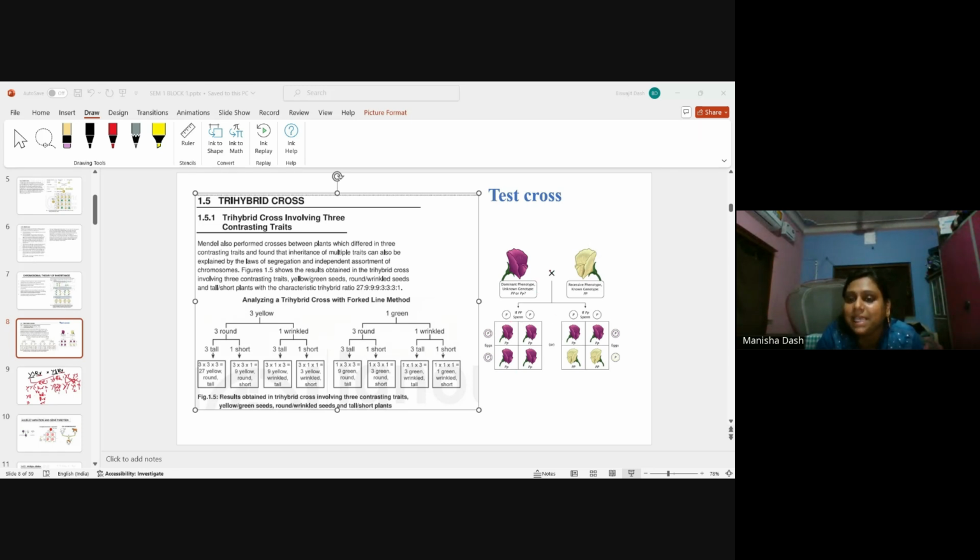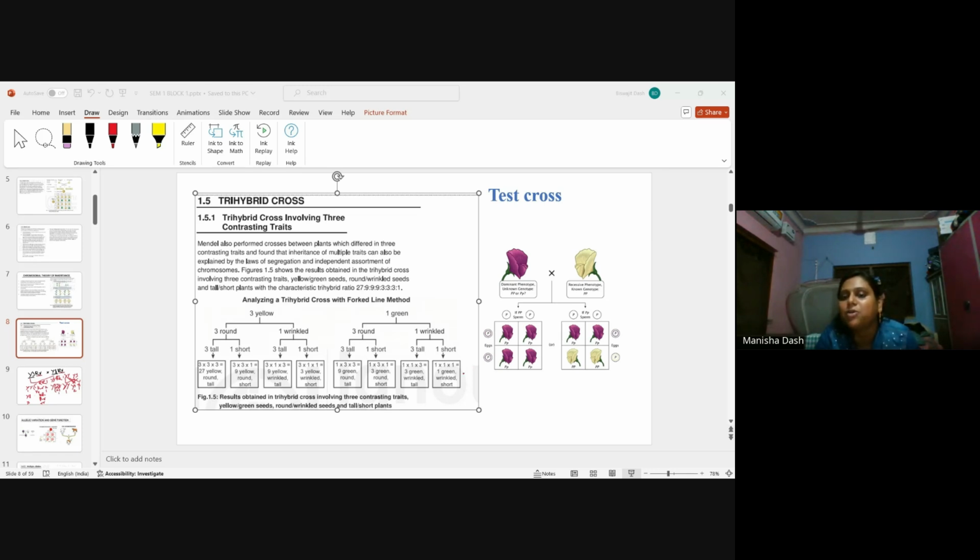But by chance, if the purple flower has a capital P and a small p, then it will have two types of gametes: half of the gametes will have the capital P and half will have the small p. So when they combine with the small p, you will have heterozygous purple, or you will have white. So there will be a ratio of 50-50, 50% dominant and 50% recessive, or the ratio of dominant to recessive phenotype will be 1:1.